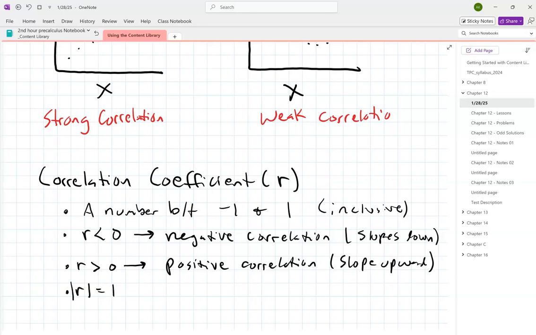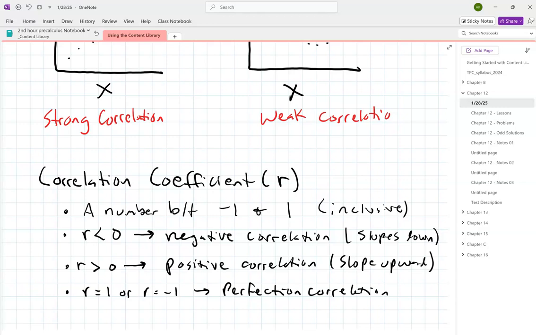If R equals 1 or negative 1, then we have perfect correlation, which means that all of our data points are actually points on the same line.